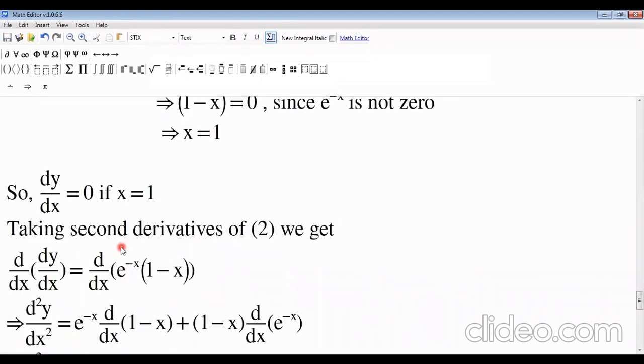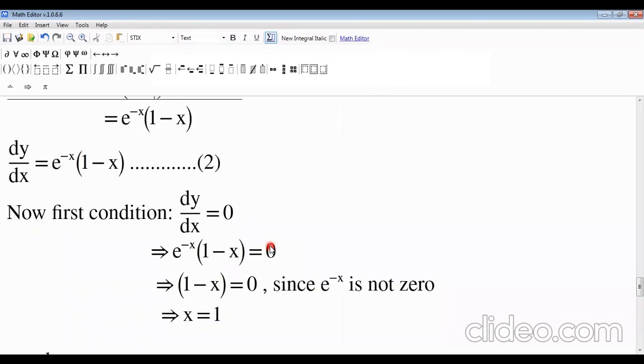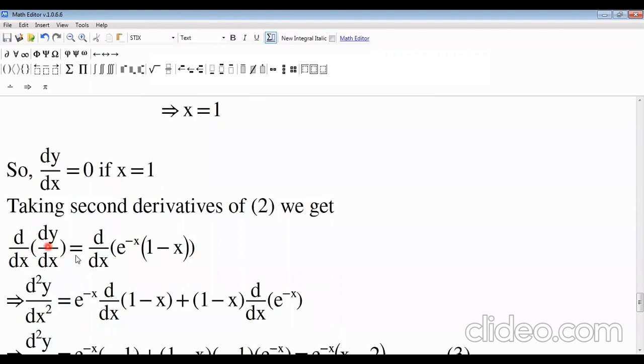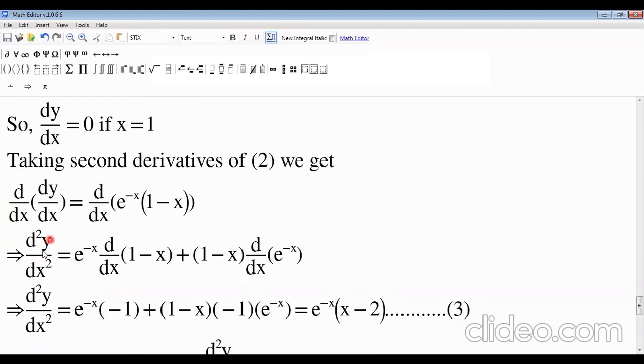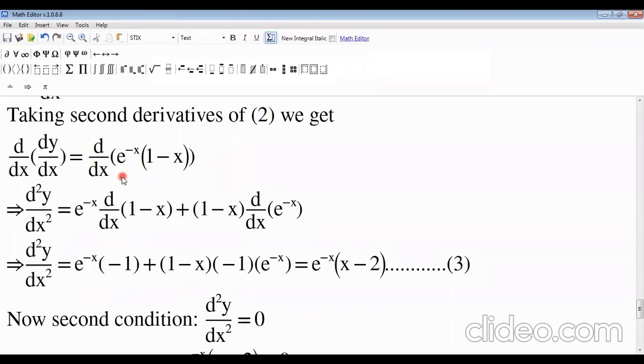Now taking another derivative, that means the second derivative of the given function, taking d/dx on both sides of equation 2, we get d square y by dx square. Again using the uv process, e to the power minus x is the first function and 1 minus x is the second function. The product rule for two functions says: first function into d/dx of the second function plus second function into d/dx of the first function.